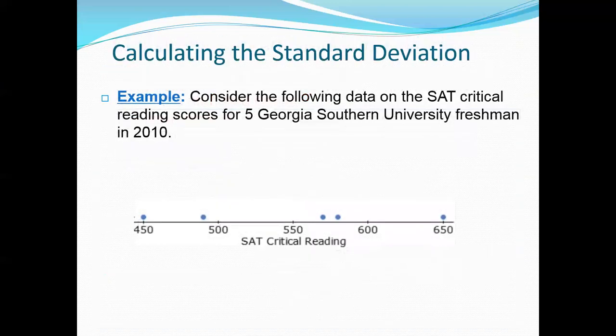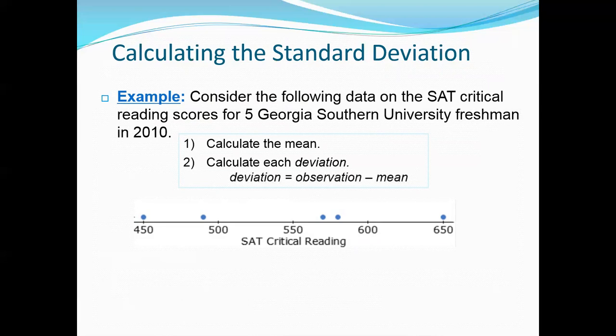Calculating the standard deviation. In this example, consider the following data on the SAT critical reading scores for 5 Georgia Southern University freshmen in 2010. First, calculate the mean. Second, calculate each deviation. Deviation is an observation minus the mean.